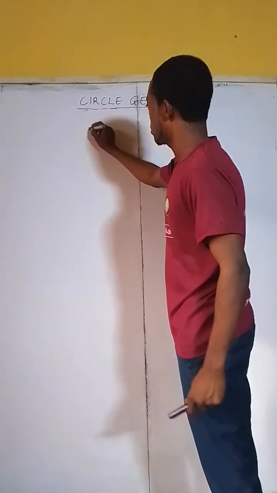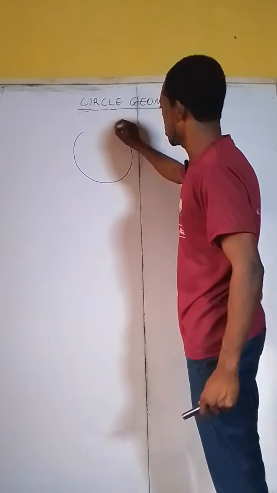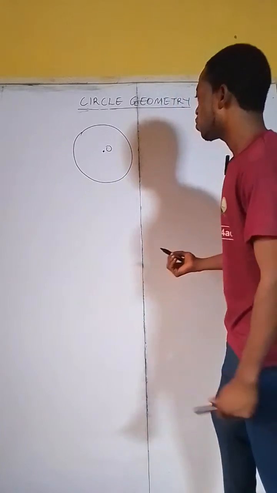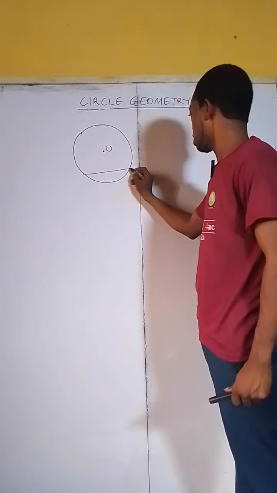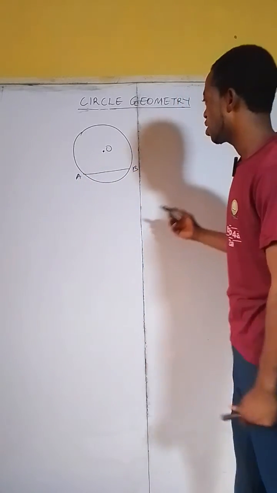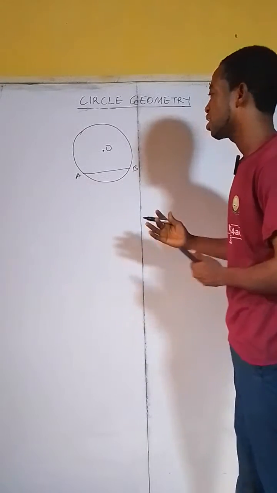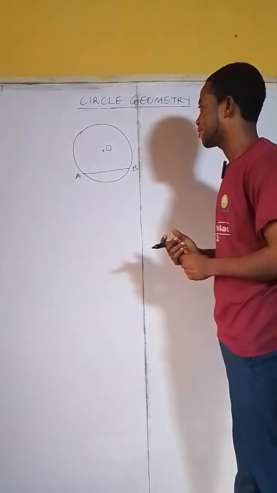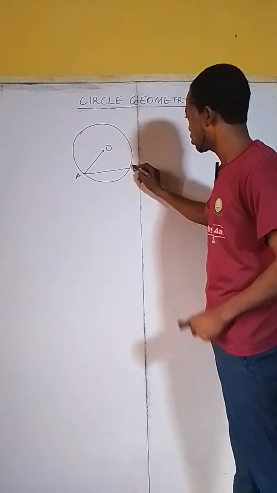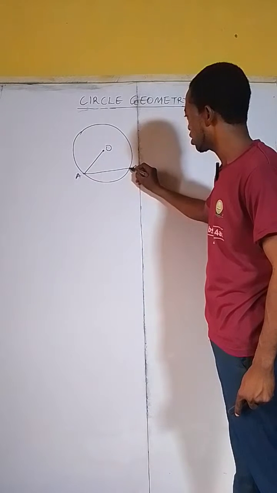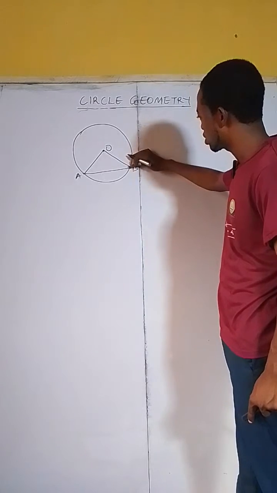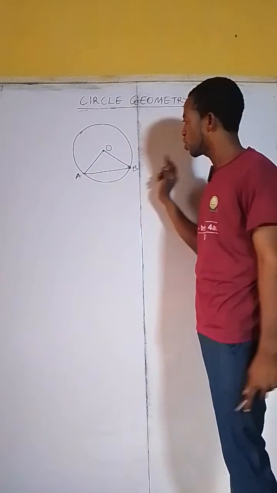We have this circle, center here, then a chord AB given here. Now this chord subtends two angles at the center. That is, it can form two angles at the center. The first line goes to the center, also the second point here goes to the center, forming the angle at the center from this point A and B. So this chord forms two angles at the center.